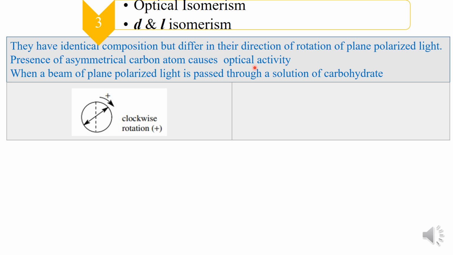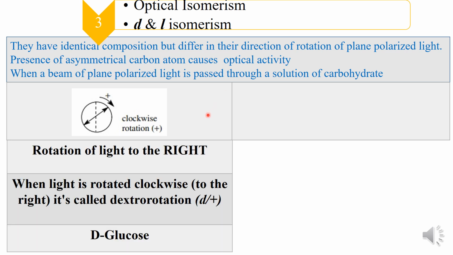When plane polarized light is passed here, there is clockwise rotation towards the right hand side. When the light is rotated clockwise to the right hand side, it's called dextrorotation, or it is shown by plus sign. That is why glucose many times is known as dextrose. So it exists as dextrorotation.